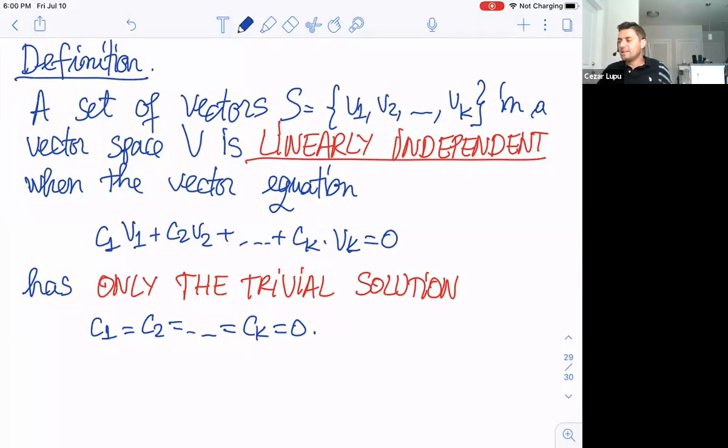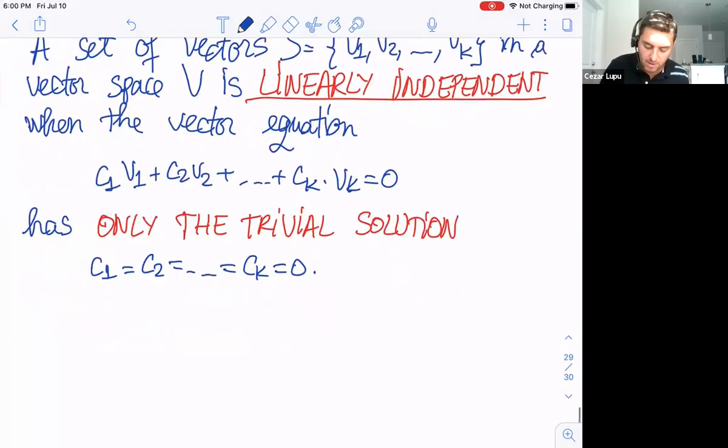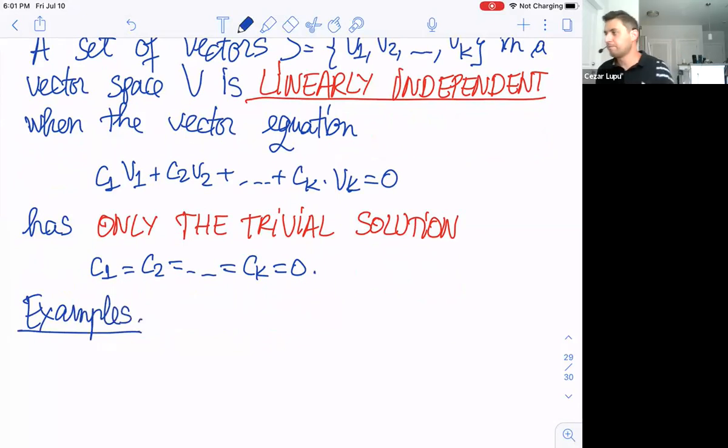And let's see some examples, because I want to test linear independence.